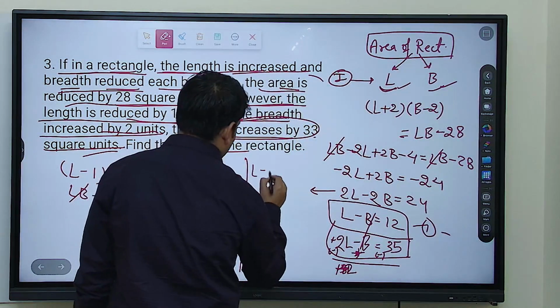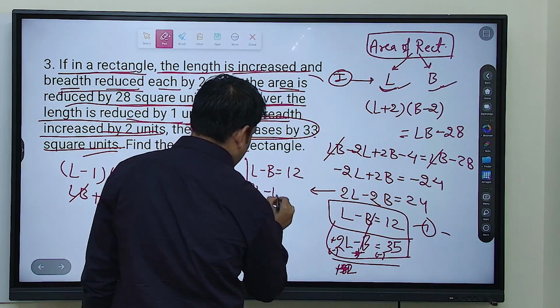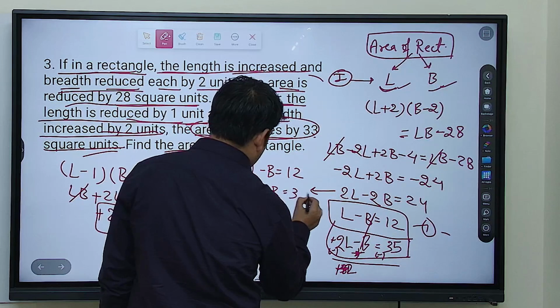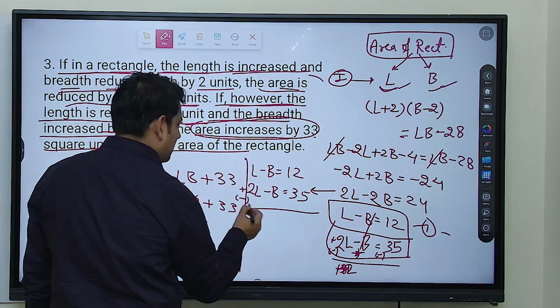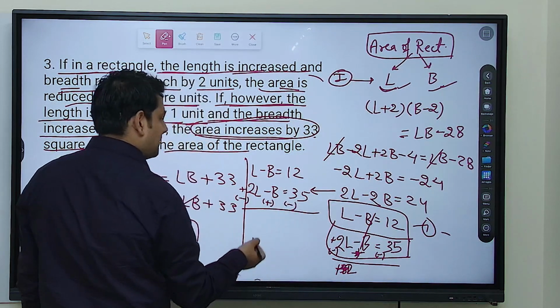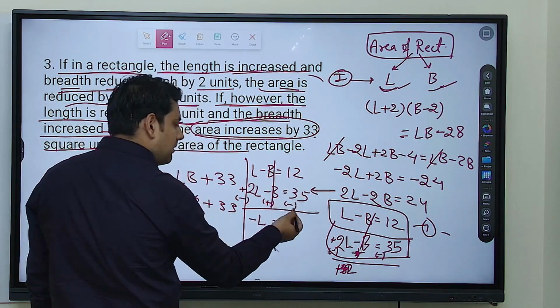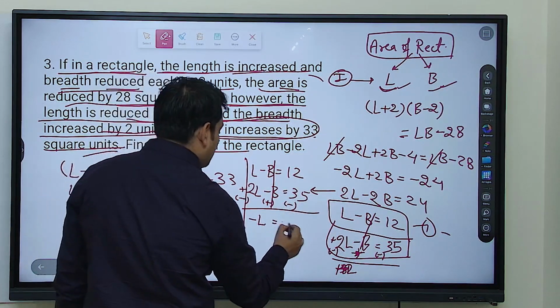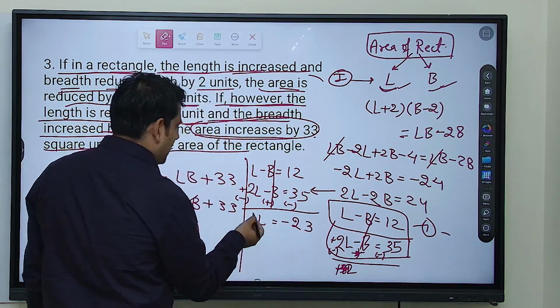L minus B is equal to 12 and 2L minus B is equal to 35. Now you subtract these two, so plus will become minus, minus will become plus. B and B cancel out. L minus 2L gives you minus L. 12 minus 35 will give you what? Minus 23. Minus minus cancel out.